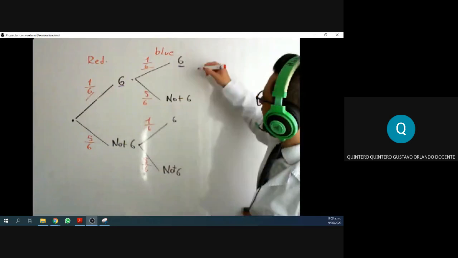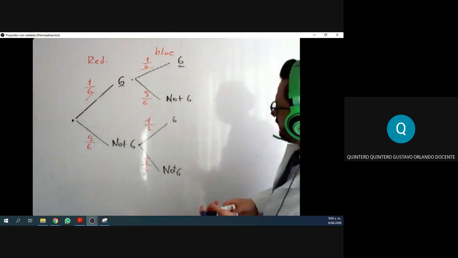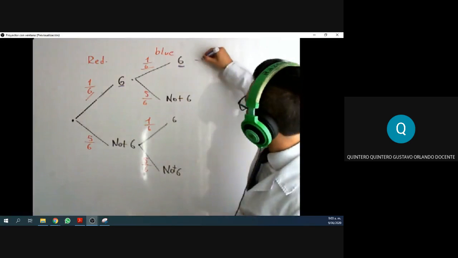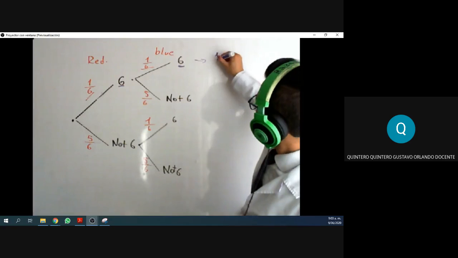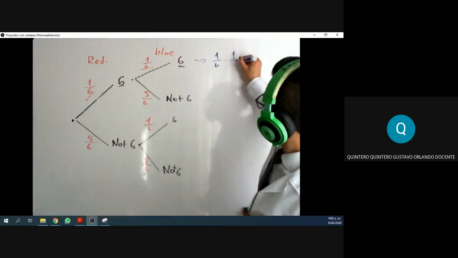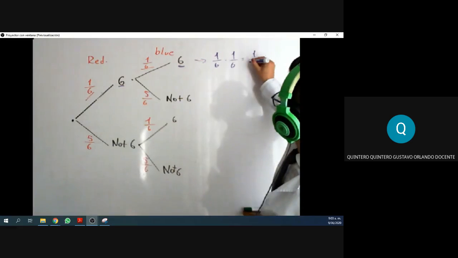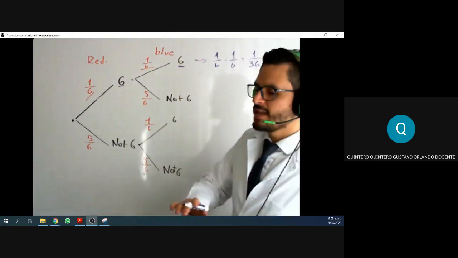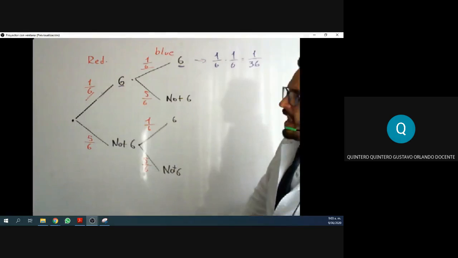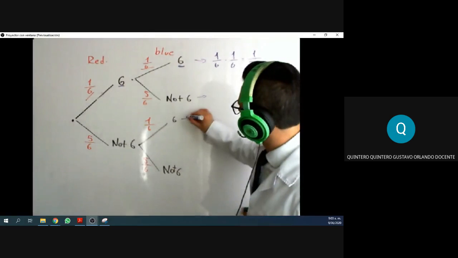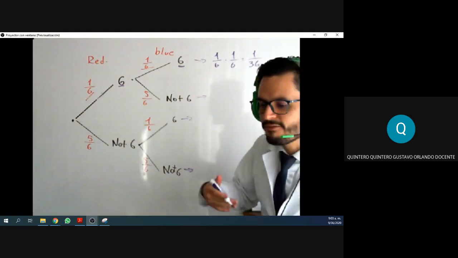The probability in this row is 1/6 times 1/6, which is in this case 1/36. That's it. And it works for every single row.